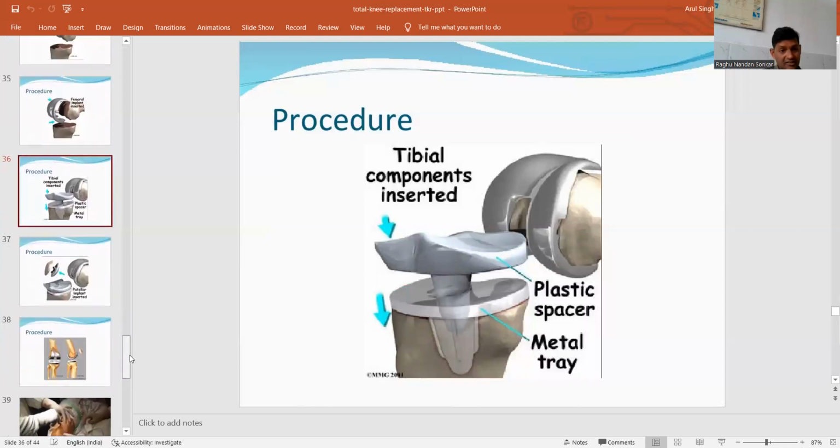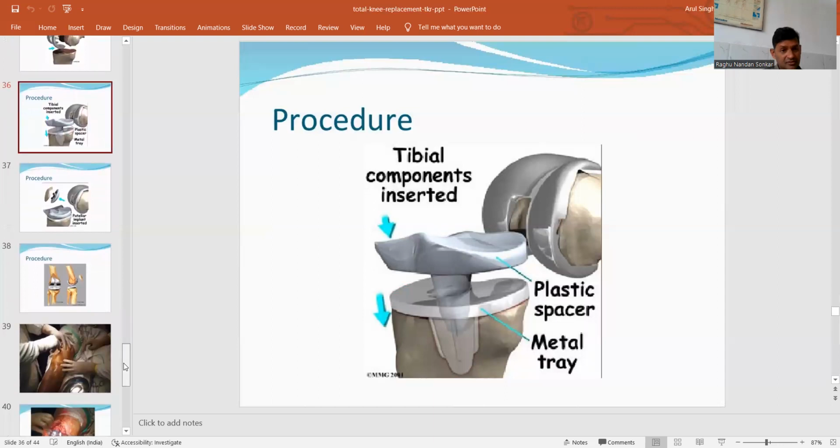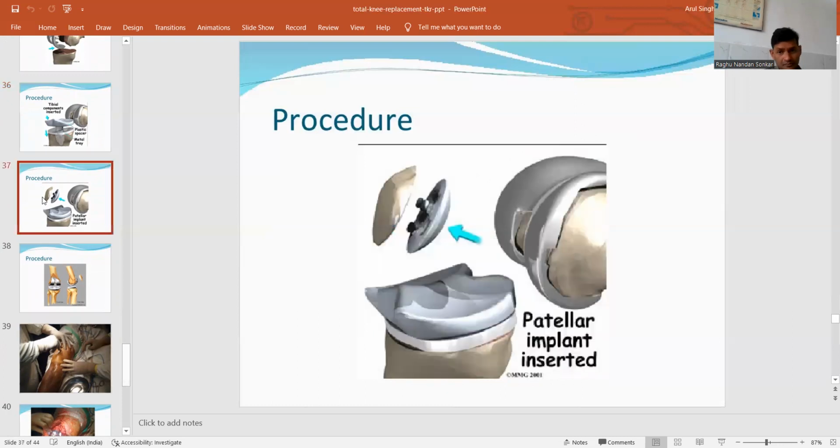of polyethylene, highly cross-linked polyethylene. So the patellar implant is also inserted. There are two categories of surgeon: non-patella replacement surgeon and patella replacement surgeon.